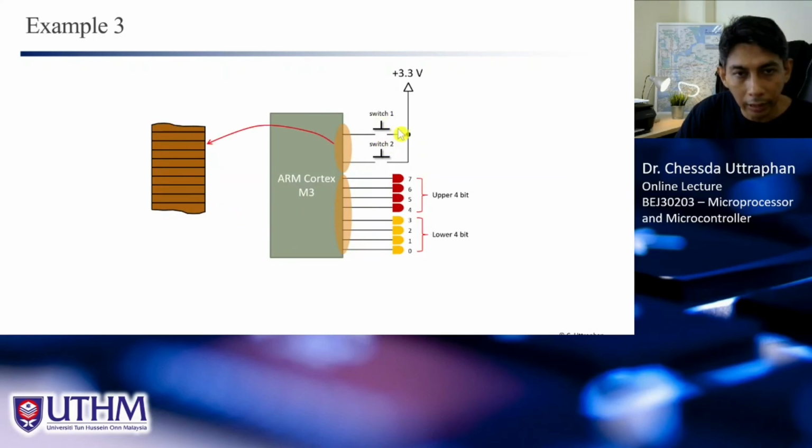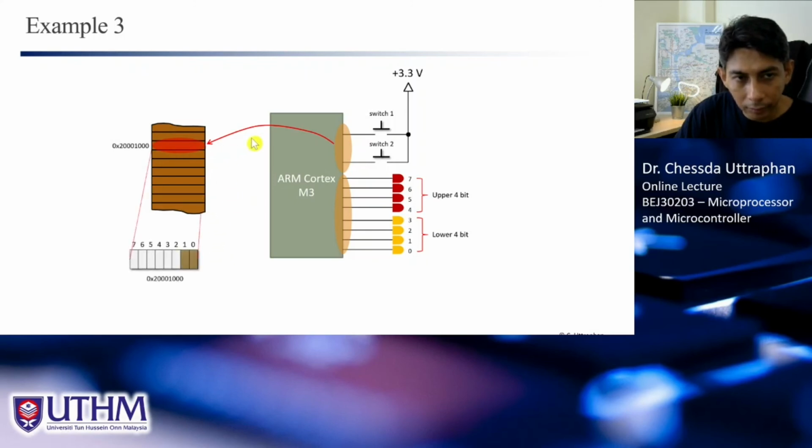So when we press switch 1, the lower 4 bits will be turned on. These 4 LEDs will be turned on. When we press switch 2, these 4 LEDs will be turned on. And when we press both, all the LEDs will turn on, right?